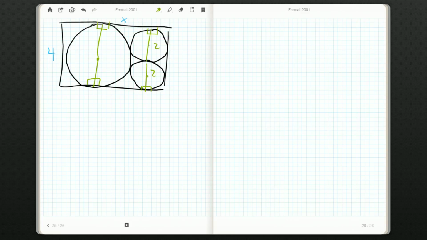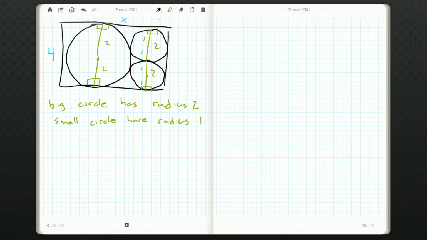And so that means that their radii, because diameters are twice the radii, each of the smaller circles has radius 1, and the bigger circle has radius 2. So the small circles have radius 1. Okay. Now we want x.